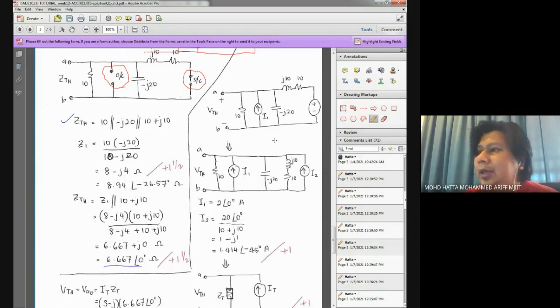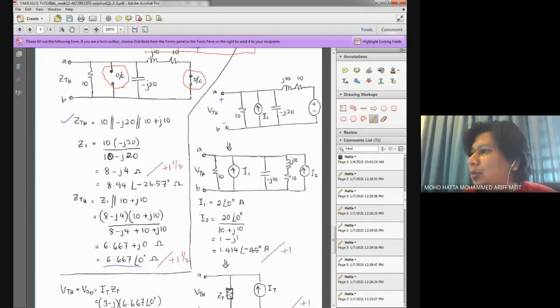Maybe you can try other tools or other techniques, but I think using source transformation is the quickest or easiest way to solve this kind of problem.